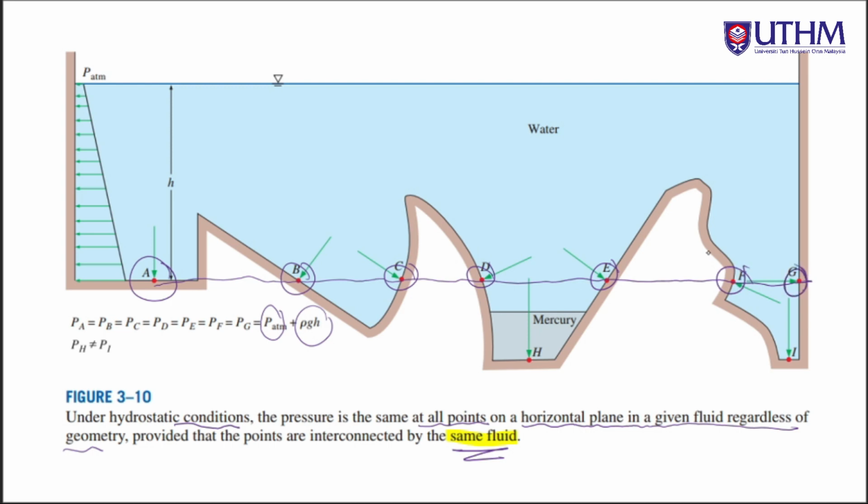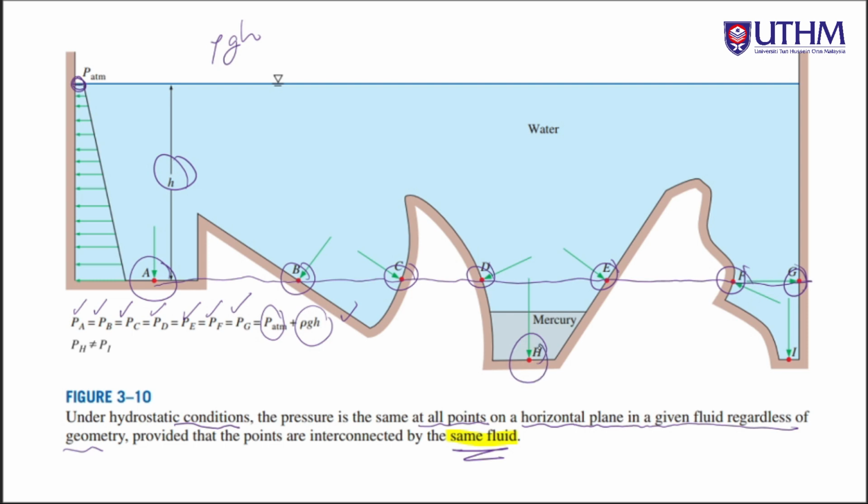That is why dia kata PA, PB, PC, PD, PE, PF and PG, pressure dekat point-point ni adalah atmospheric pressure, which is ini kena consider sebab dari atas dia dah bergerak kat sini, plus the rho g H. Rho is constant, g is constant, H adalah ketinggian ni lah. That's why value dia sama je dekat semua ni.